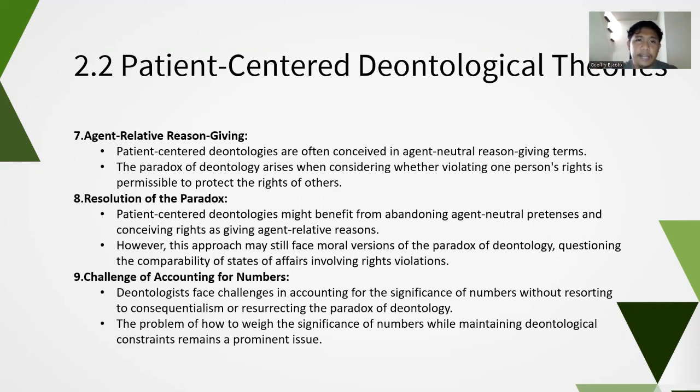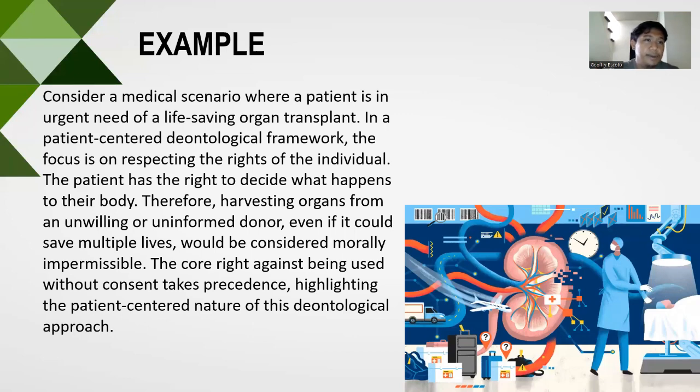So, to further understand patient-centered deontological theories, we're going to give another example. Consider a medical scenario where a patient is in urgent need of a life-saving organ transplant. In a patient-centered deontological framework, the focus is on respecting the rights of the individual. The patient has the right to decide what happens to their body.